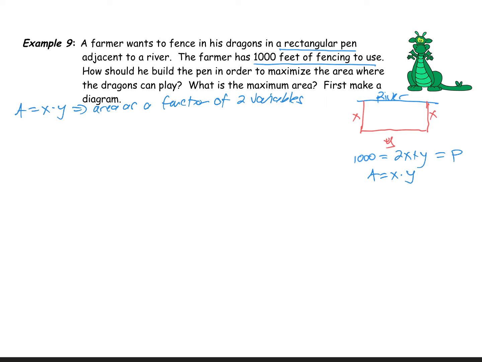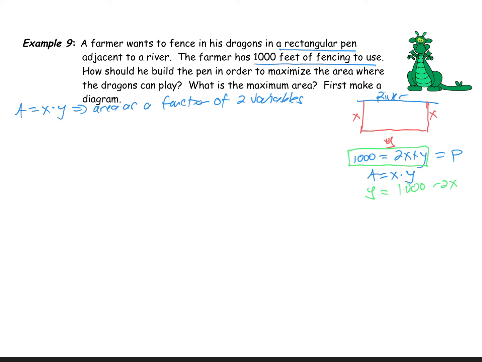I can use the constraint that we were given, that we only have 1,000 feet of fencing, to write one of the variables in terms of the other. And here it's easier to solve for y because then I won't get any fractions. So y is equal to 1,000 minus 2x.